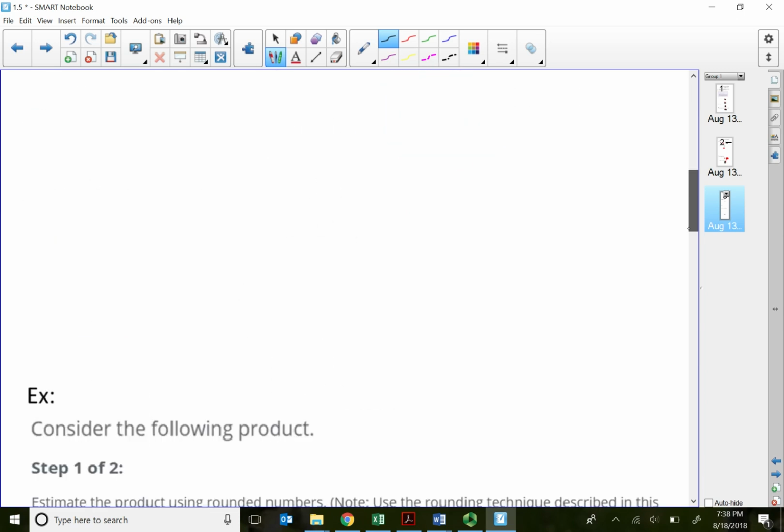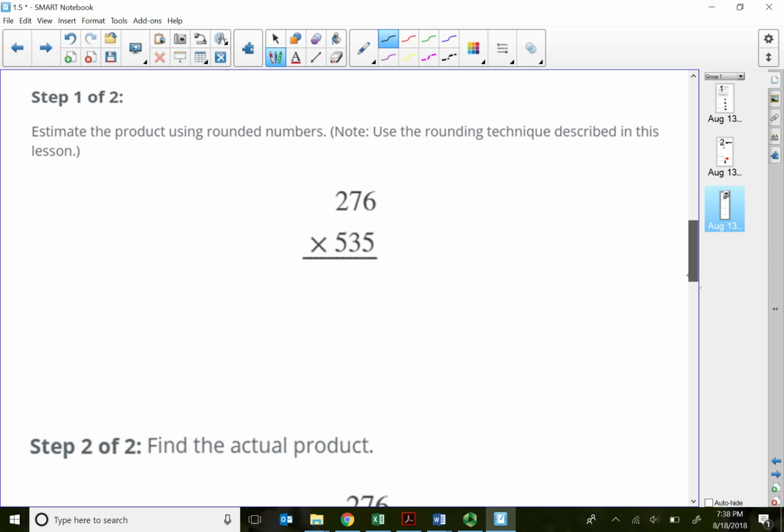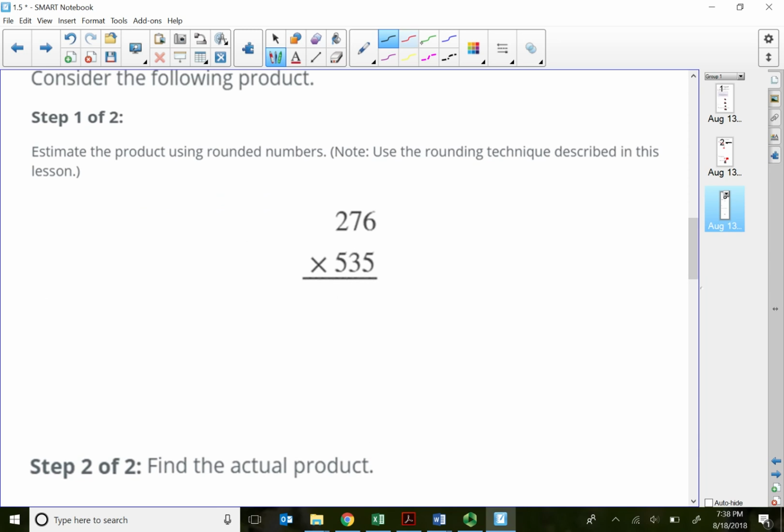Now let's try another one. All right, 3 digit times 3 digit. To estimate, we round first, then we do the operation. Leftmost non-zero digit. So that's the 2 and the 5. The 7 will make my 2 go up to become 300 times the 3.